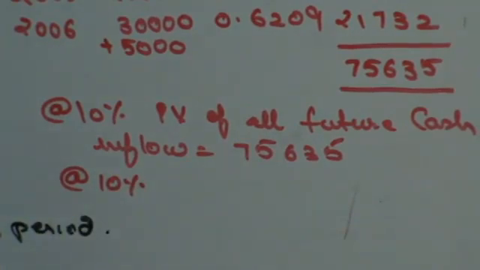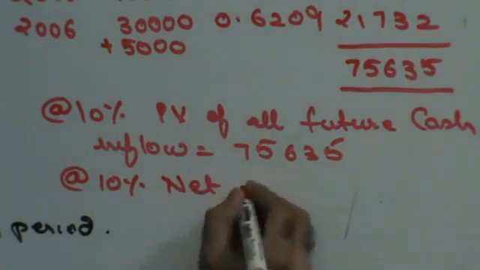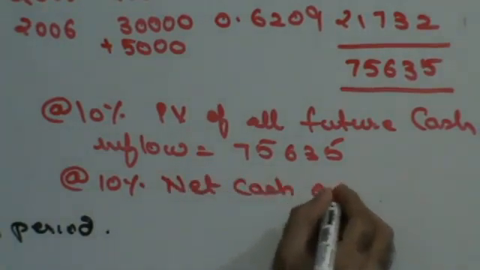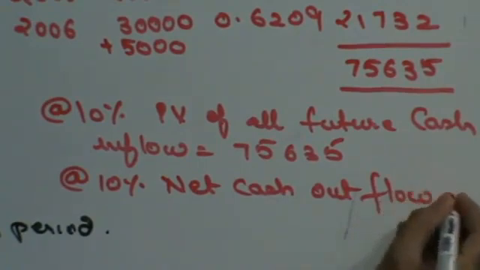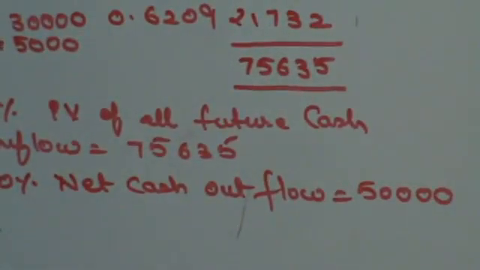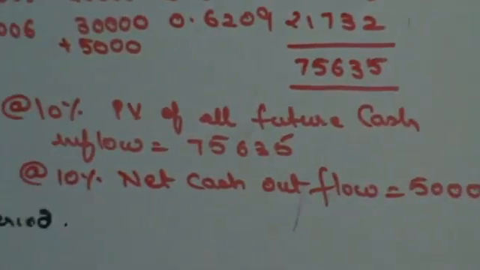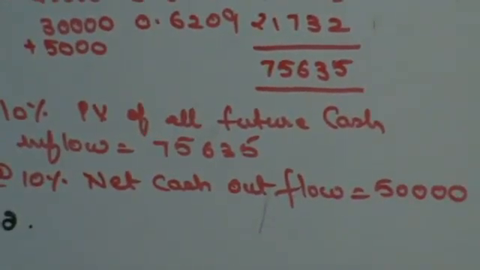at the rate of 10%, my net cash outflow. How much am I investing in the machine? 50,000. As on today, I am investing 50,000. As on today, if I got all my money, I would have got 75,000. Since I am going to get more money than what I am going to invest, therefore I am going to buy the machine. Right?